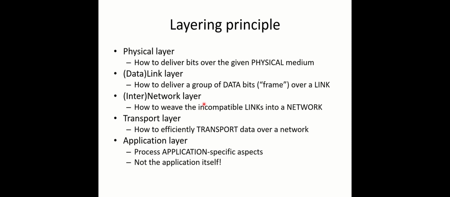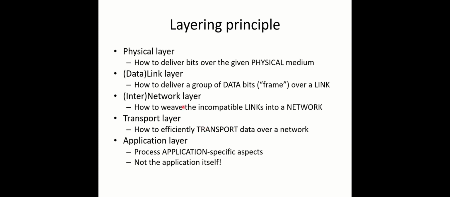Okay, so separate links can be weaved into a single, global network, and when that's done, any machine can reach any other machine over this network. When that's possible, the fourth layer, the transport layer, comes into the picture, and it focuses on efficiently transporting data over a network.